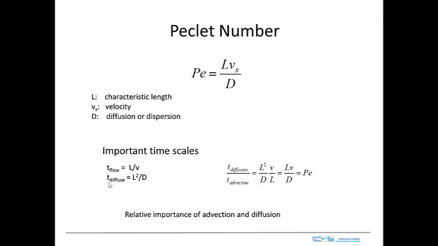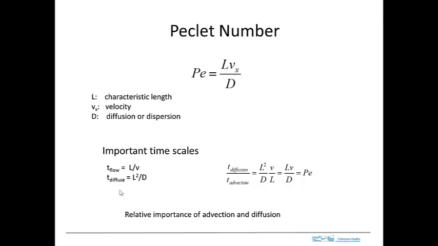The time for diffusion is L squared divided by D, and you can work out that this has indeed units of time. Okay, so those are characteristic times. And then the way I think about it is that what we're really interested in is comparing the rate of advection to the rate of diffusion. So a rate has units of something over time.